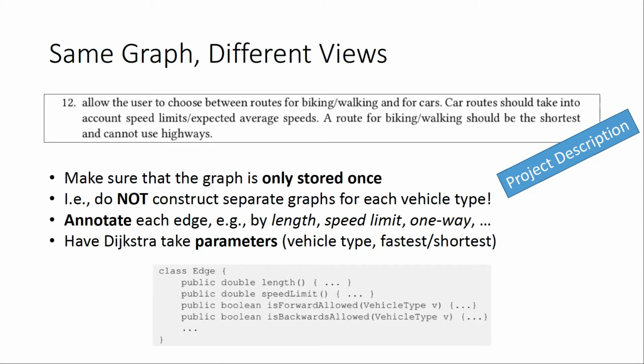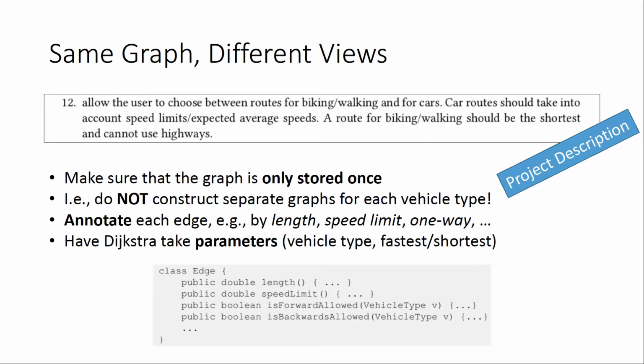Okay, so whenever you consider an edge, you might only be interested in distance. You might be interested in distance over speed limit to get how long I expect someone to take to travel along this edge. Okay, and then you can say highway.